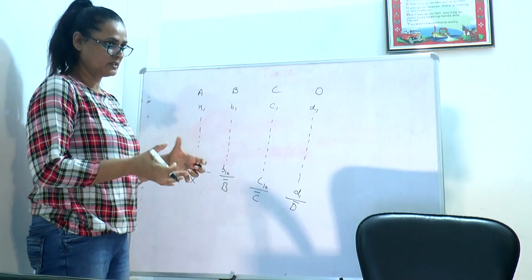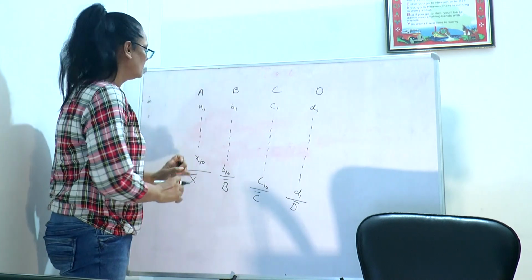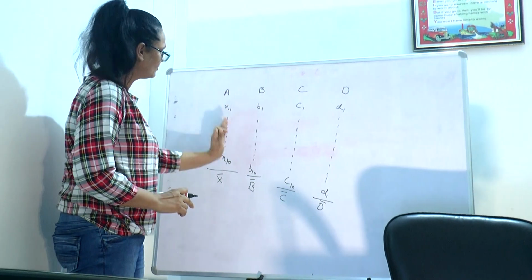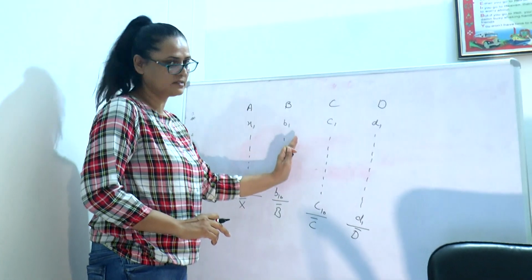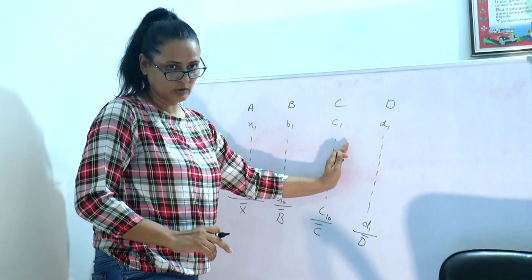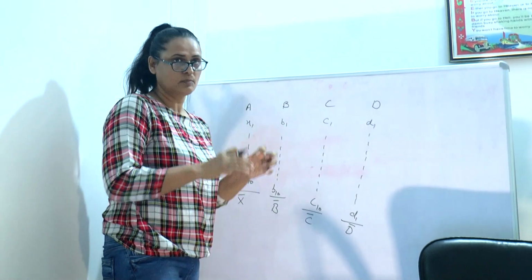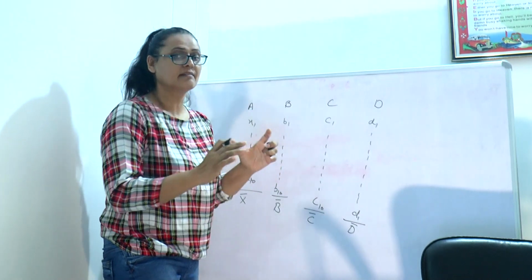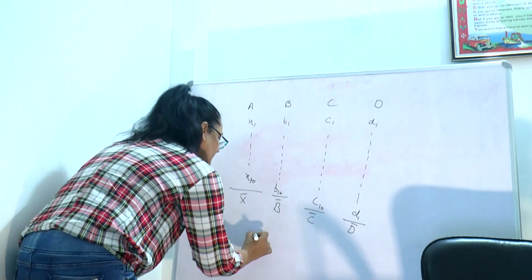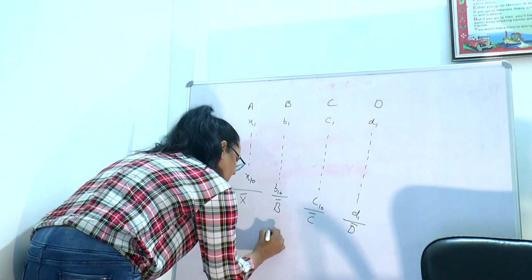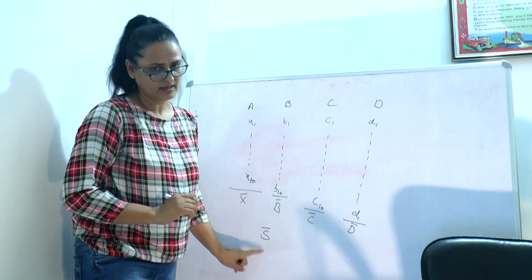But if we calculate the total mean of the whole group, then we will have to add the number of students in group A plus group B plus group C and group D. That will be called the population mean, or we can say the grand mean. Suppose that it is represented by S bar. The grand mean is represented by S bar.